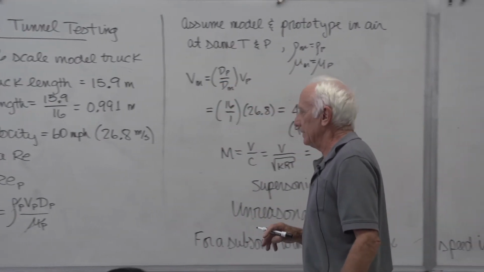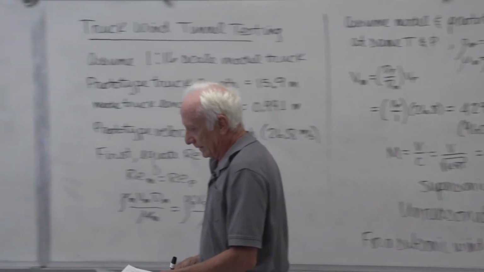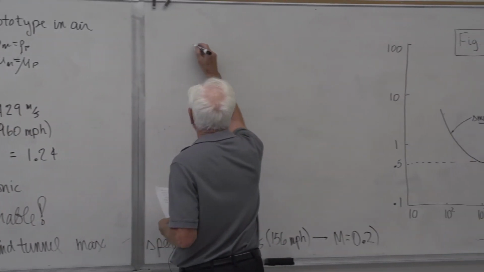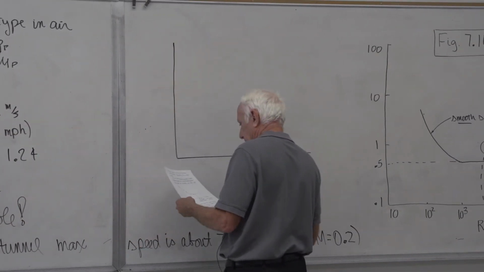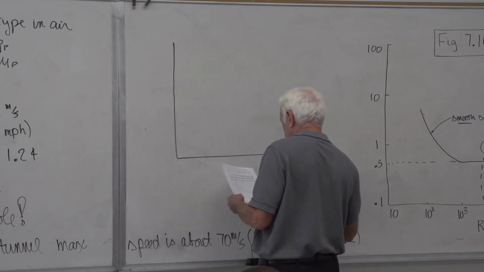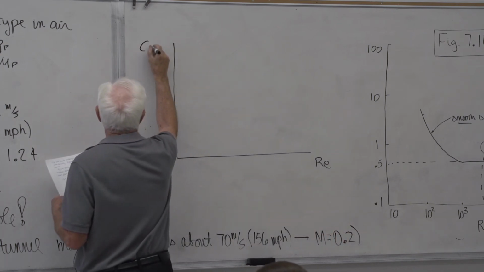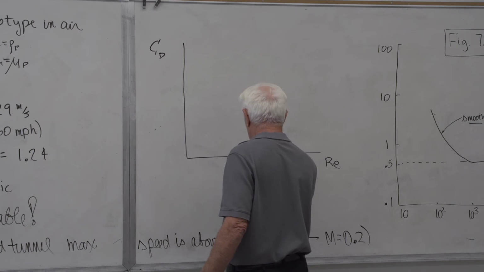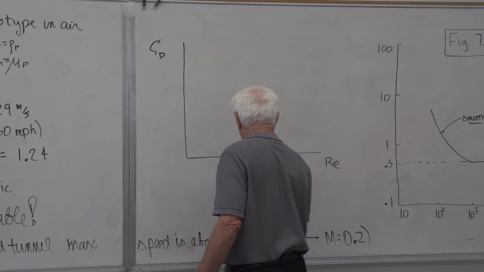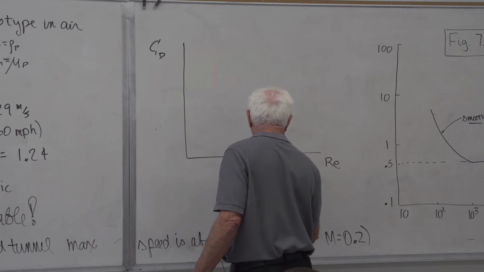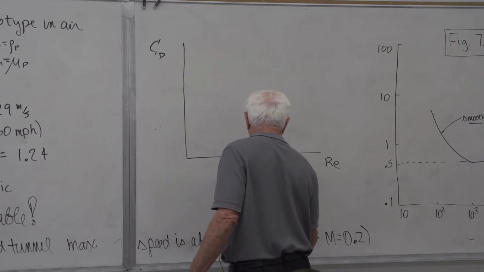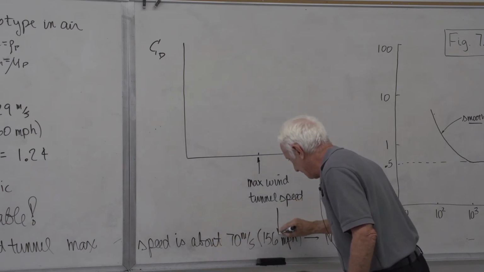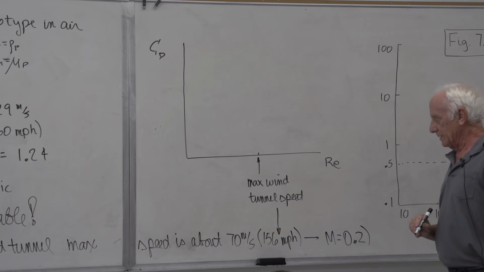Yeah, they do. Here's what they do. They take a lot of data, Reynolds number, the C sub D. They take a lot of data at, here's the maximum wind tunnel speed, which is that subsonic wind tunnel.